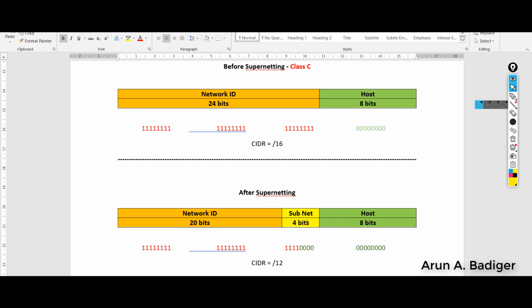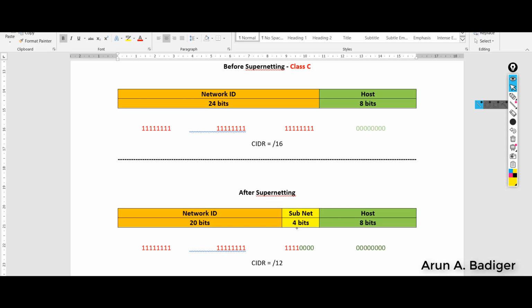These 4 bits along with the 8 host bits give us extra hosts. 2 to the power of 4 will give you 16, and 16 into 256 is the total number of hosts that can be added. That is, from just 256 to 256 times 16, a huge number of hosts are added.